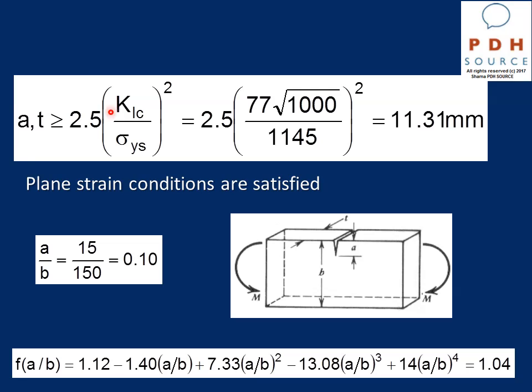Now we plug in K1C, which is 77 megapascal square root of meter, and the yield stress, which is 1145, into this equation. We end up with 11.31. 11.31 is less than both 15 millimeter and 25, so plane strain conditions are satisfied.